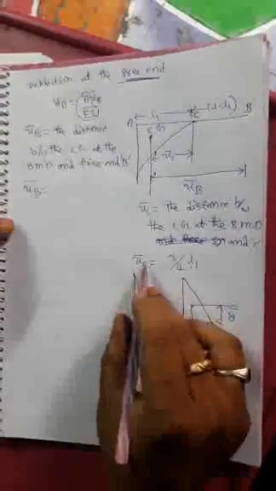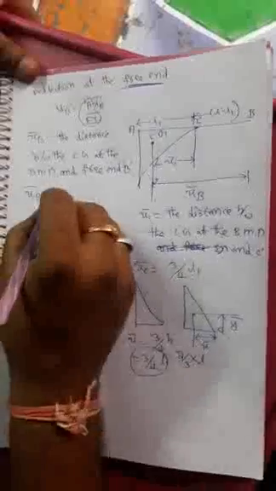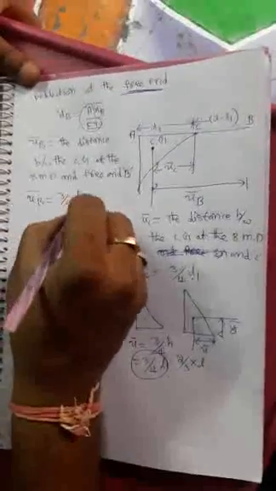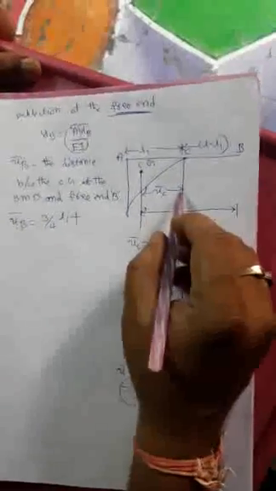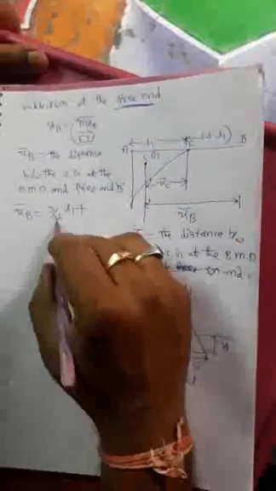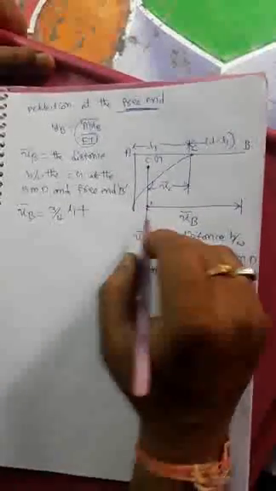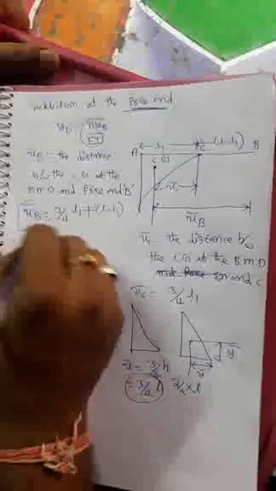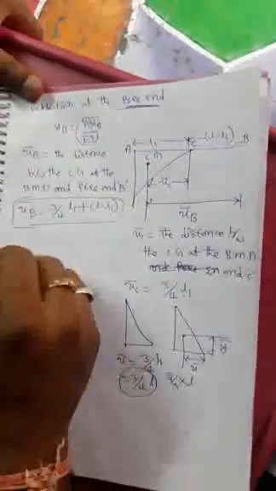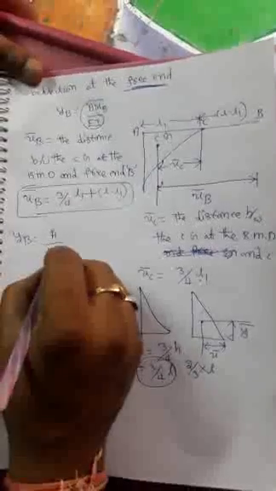So x bar C is nothing but 3/4 into L1, but x bar B is nothing but 3/4 into L1 plus the distance from C to the center of gravity. The distance from B to the center of gravity is 3/4 into L1 plus L minus L1. So this is the x bar B. Substituting in this formula, yB equal to A x bar by EI.